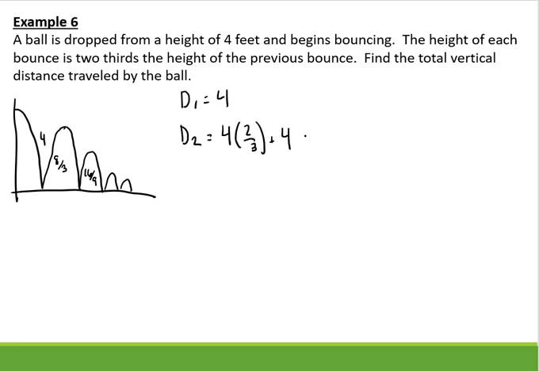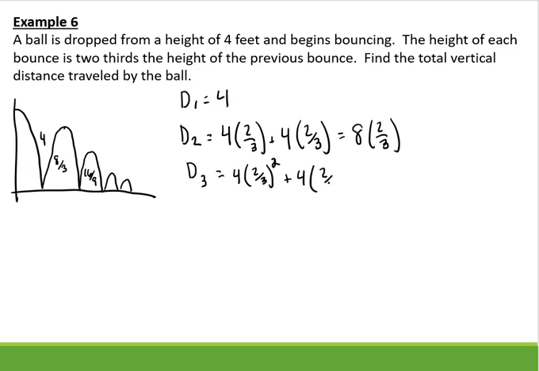Our third distance, so this third bounce, is 4 times 2/3 to the second power plus 4 times 2/3 to the second power, because I have one 2/3 and then a second 2/3. So that becomes 8 times 2/3 squared. Hopefully you see that the next one would be 8 times 2/3 to the third.